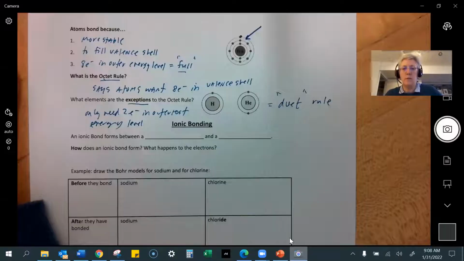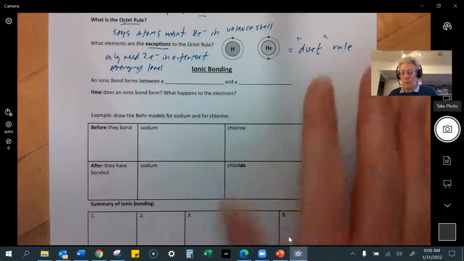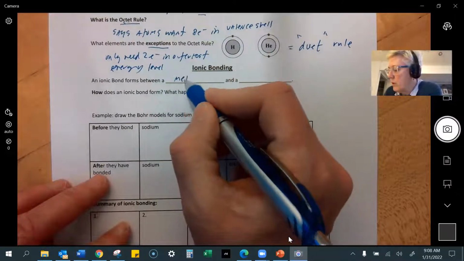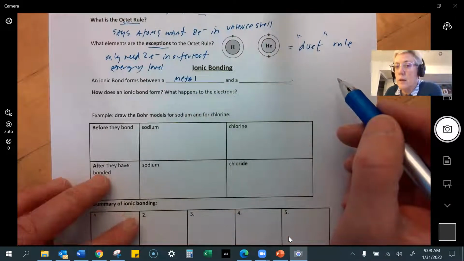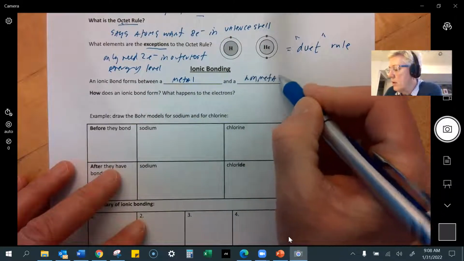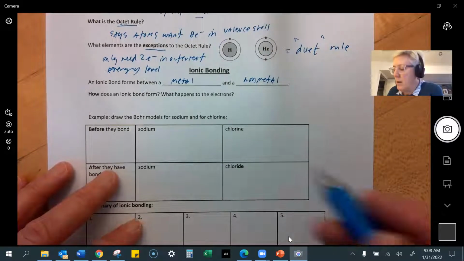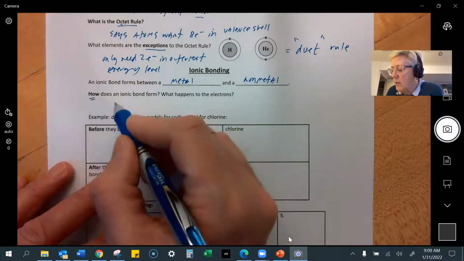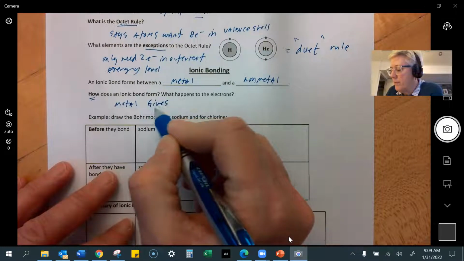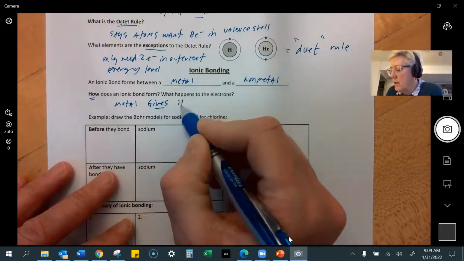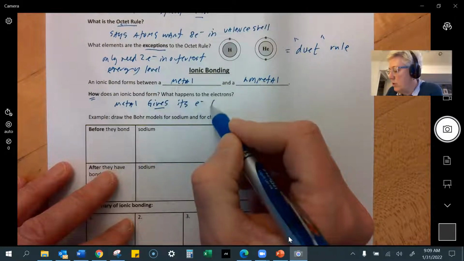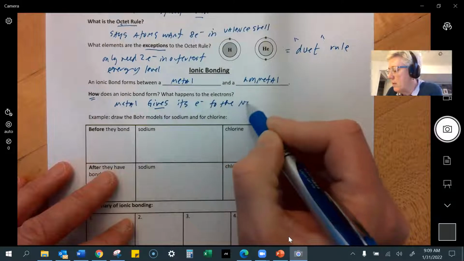All right, so let me write this down here for you on this paper if you're using it. An ionic bond forms between a metal. If you're not using the handout, you should definitely be writing this down in your notebook. All right, between a metal and a non-metal. And how that happens is that the metal gives its valence electrons, or its outermost electrons, to the non-metal.